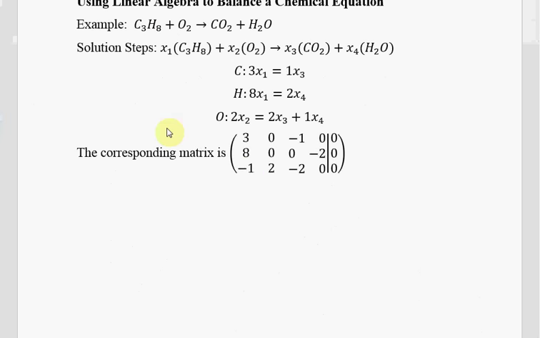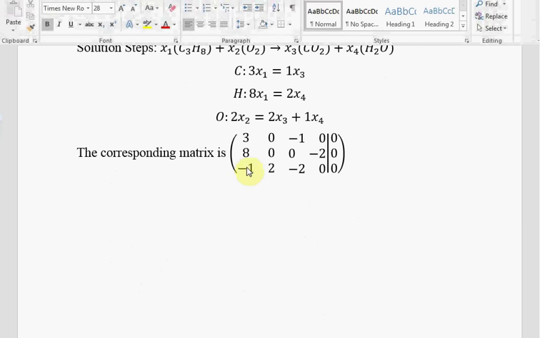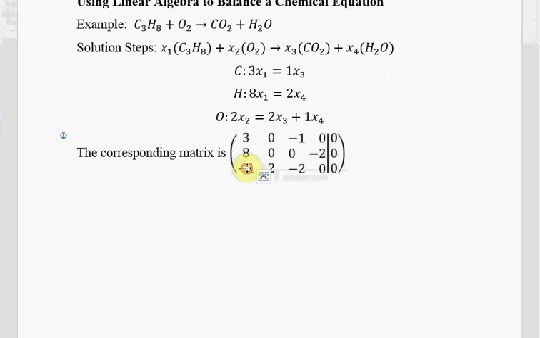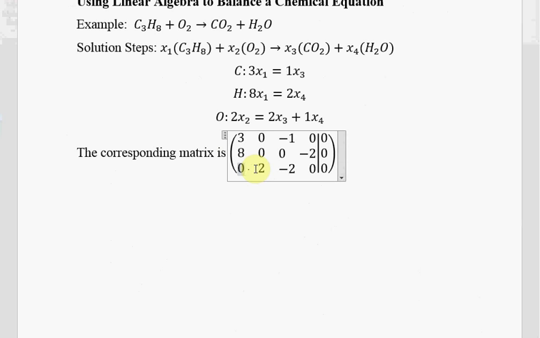Will it let me? There it is. So here that's zero. Then x sub 2 is 2, x sub 3 is negative 2, x sub 4 is negative 1. Okay, so now we solve this. That's better.